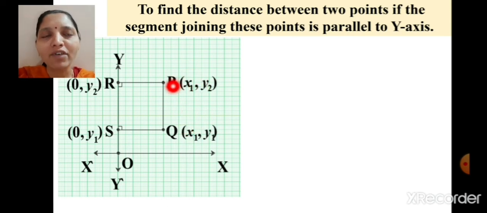So here I have considered the coordinates of point P are x1 and y2 and coordinates of point Q are x1 and y1.